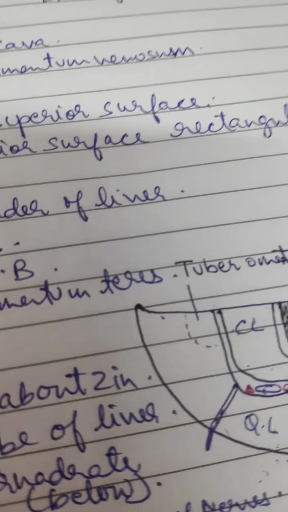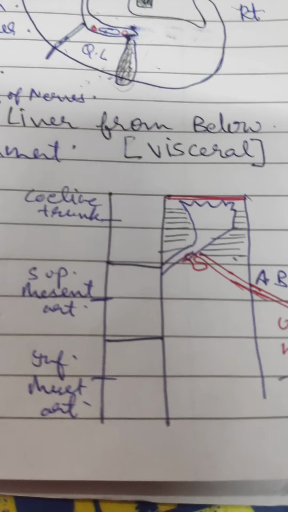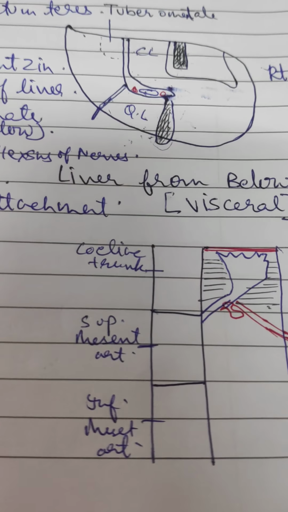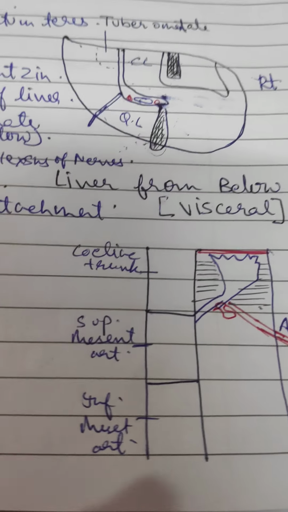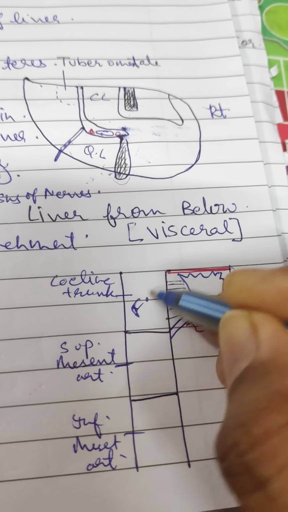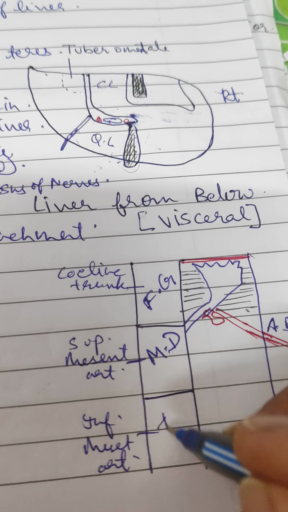So I have made a small diagram here about the development of liver. Okay, see this. So when development is going on, there is a gut tube. Gut tube is formed, single gut tube, which has 3 parts. Now these 3 parts are called foregut, midgut, and hindgut.